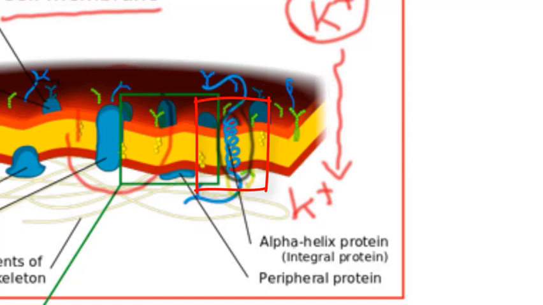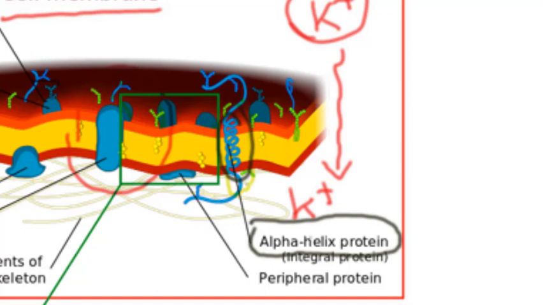What we see here is a very interesting structure. It's called an alpha helix protein. Remember that secondary structures are very important. Sometimes proteins will adopt some of those secondary structures, and an alpha helix is something that looks like this, right?